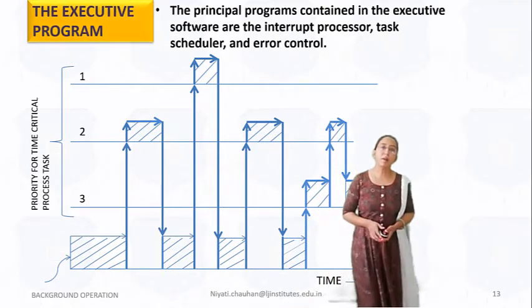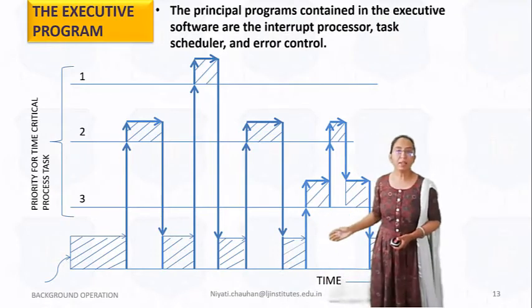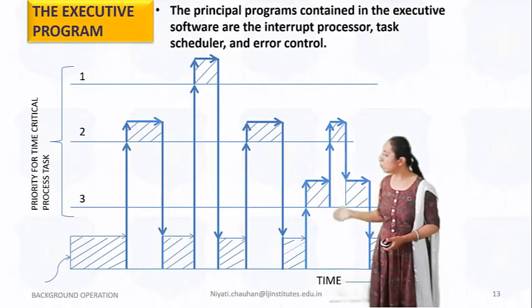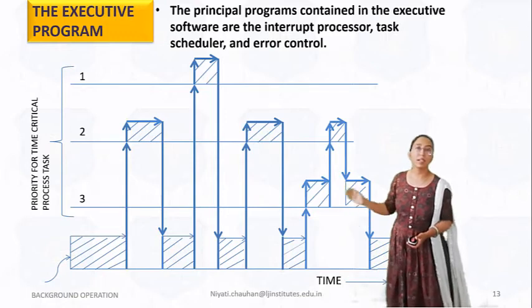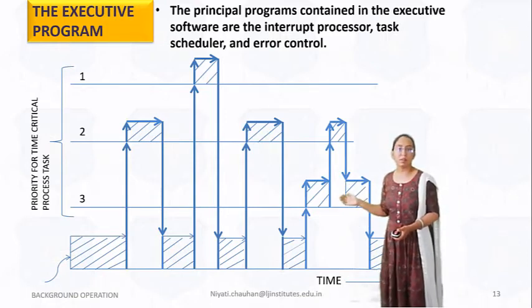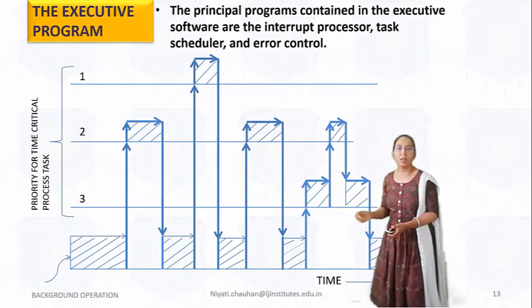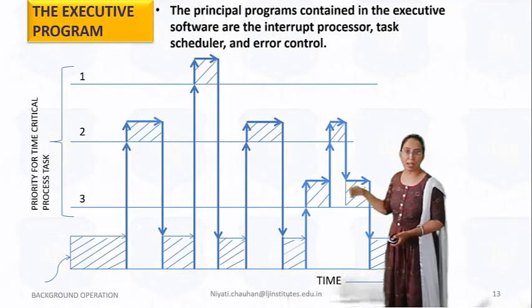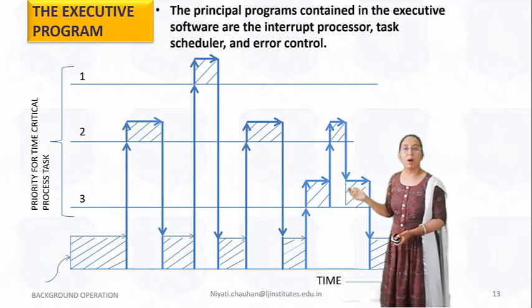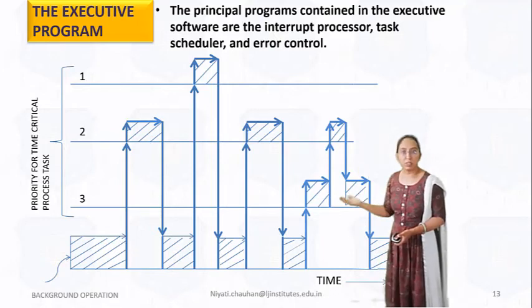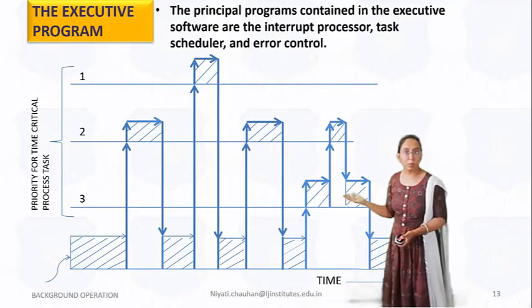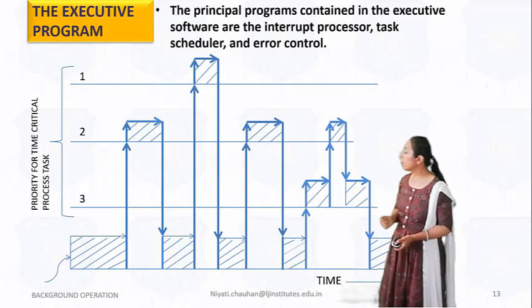The principal programs contained in the executive software are the interrupt processor, task scheduler and error control. In the next block diagram we will discuss the task scheduler, the interrupt processor and error control.